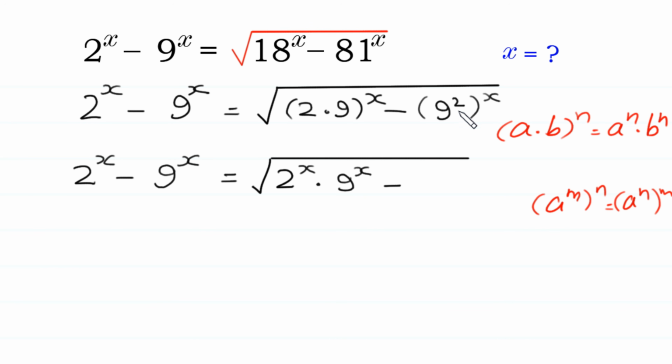We can write this power 2 outside the brackets and this power x inside the brackets, like this: 9 to the power x whole to the power 2.